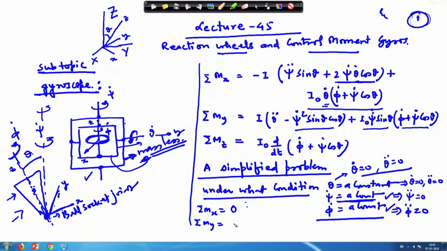So, this becomes minus I times psi dot square sin theta cos theta, and then from this place I 0 psi dot.